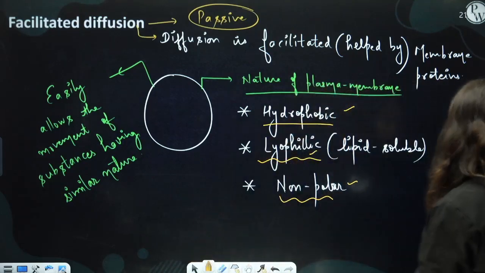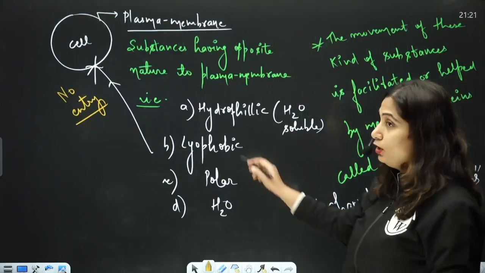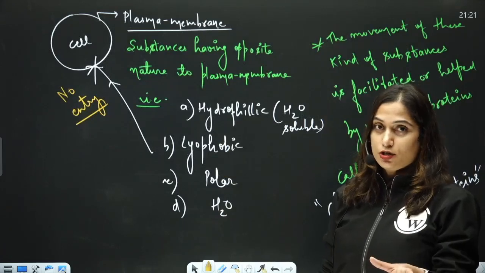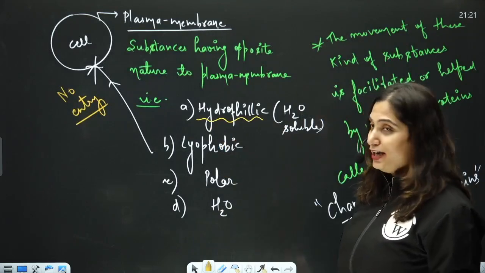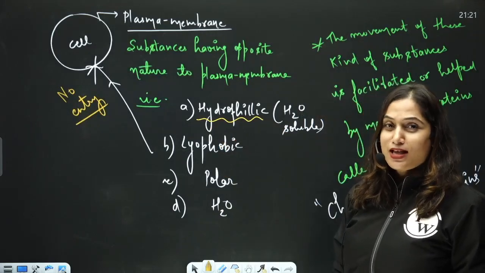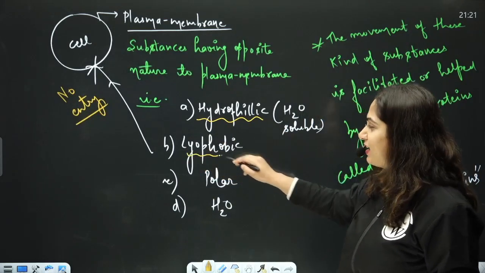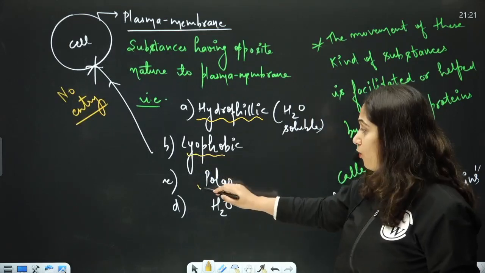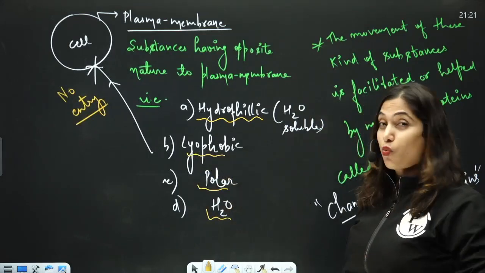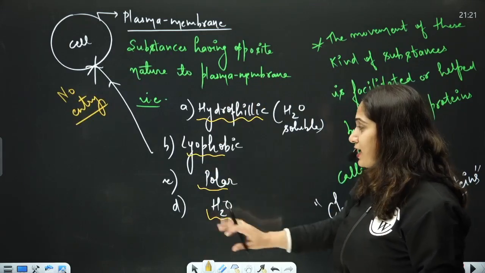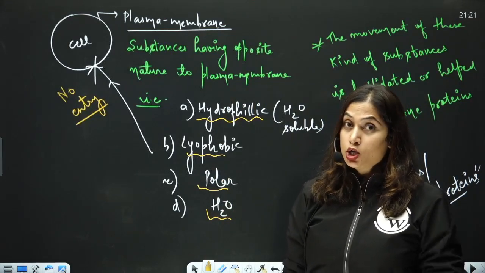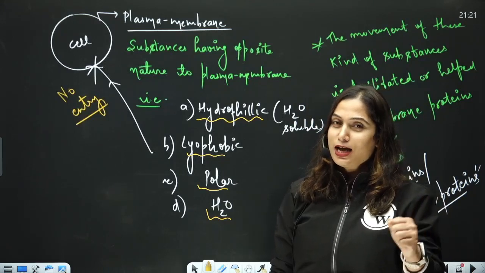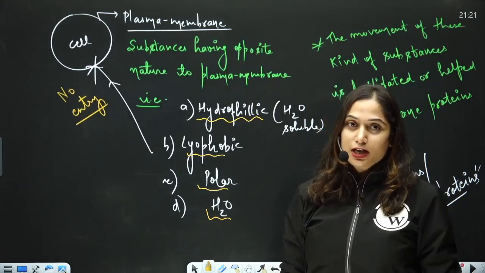But if I talk about the kind of molecules which have opposite nature to that of the plasma membrane, like the molecules which have hydrophilic nature, that means they are water loving and lipid repelling, they are polar in nature, or if it's water itself, then all these kind of molecules have opposite nature to that of the plasma membrane. So the plasma membrane will not easily allow the movement into the cell.